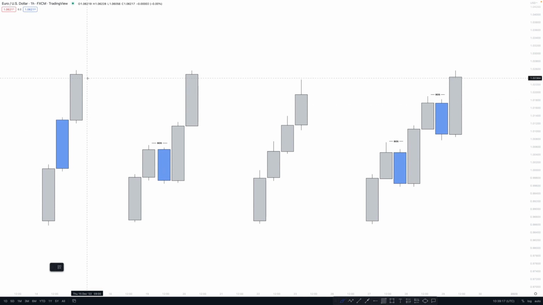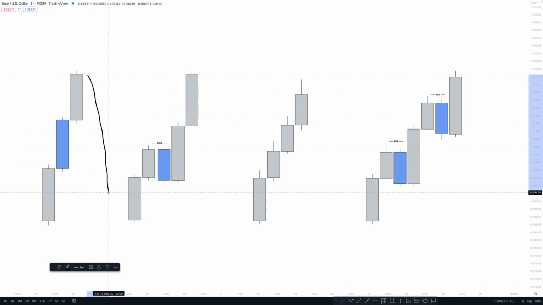If price starts to go to the downside after this impulse, they are going to mark this low as a change of character. But that is incorrect, guys.